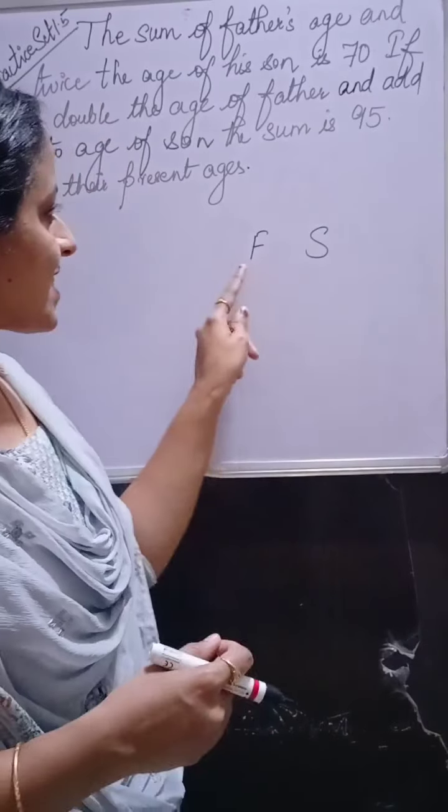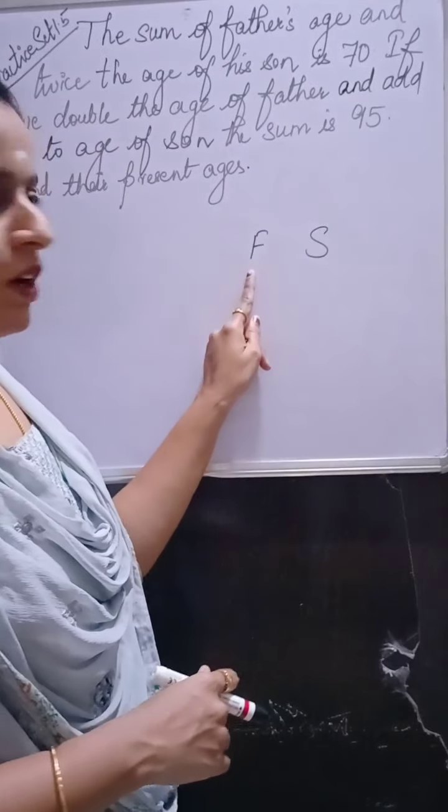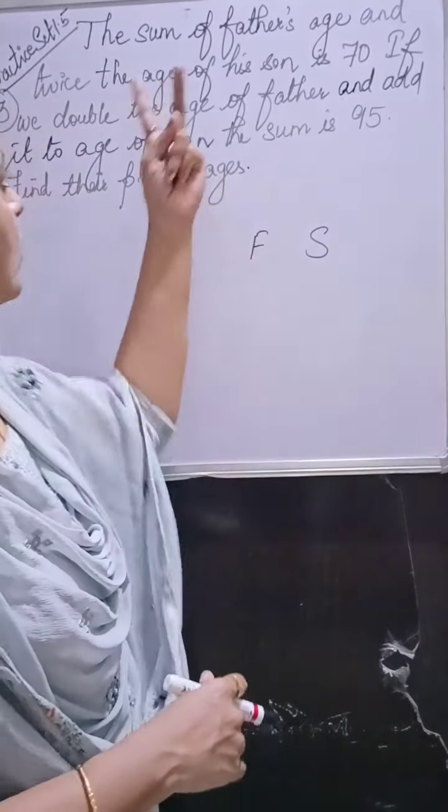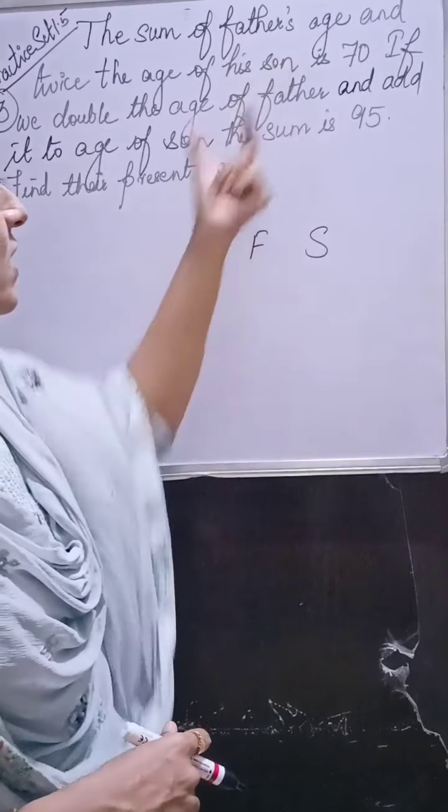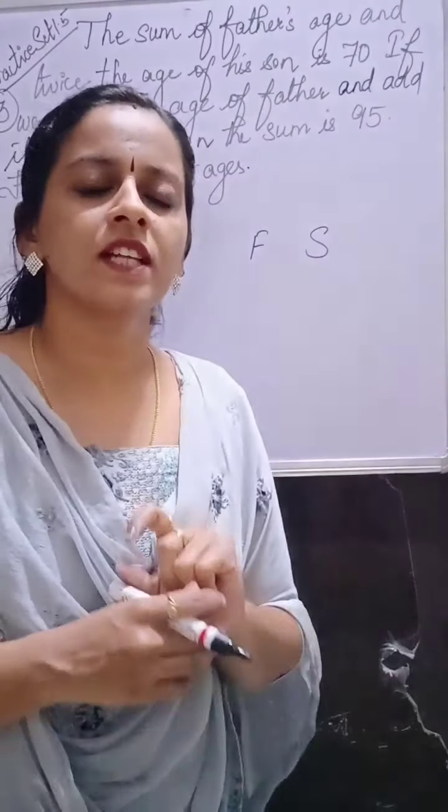So let us assign variables to these two most important factors of this sum, that is father's age and son's age. So let's write the introduction.